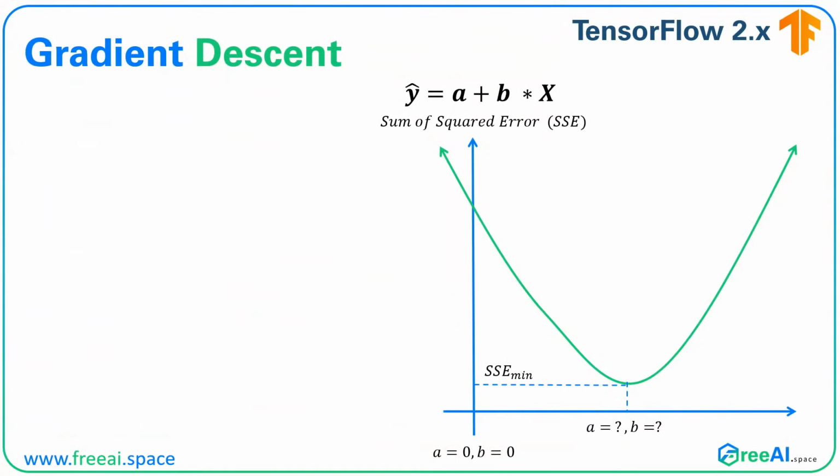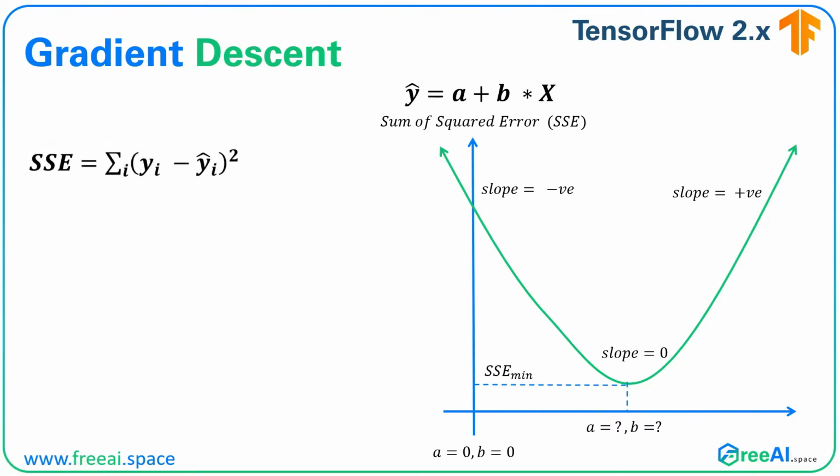Okay, this is the function f of x which we have, and at this point we need to identify the values a and b such that we have the minimum value. So this is the equation we have, and this region consists of negative slope, this region consists of positive slope, and at one particular point we have the slope equal to 0.